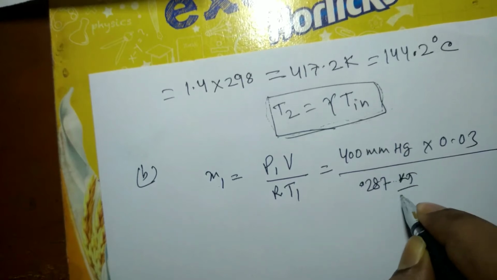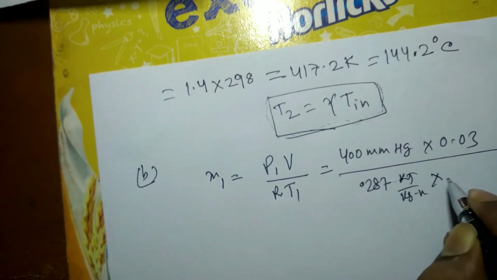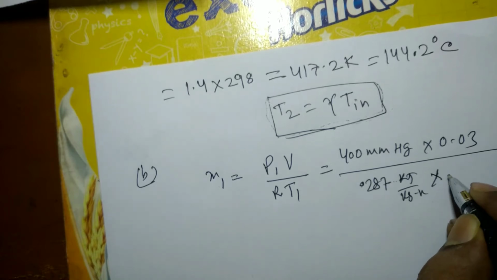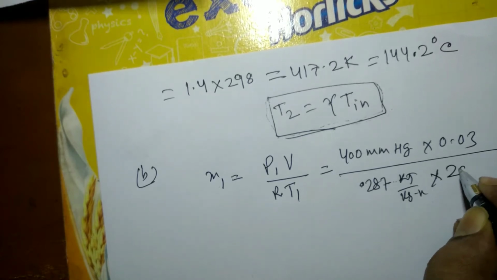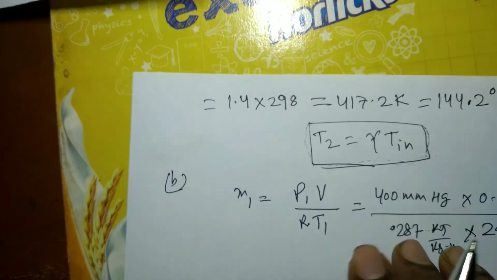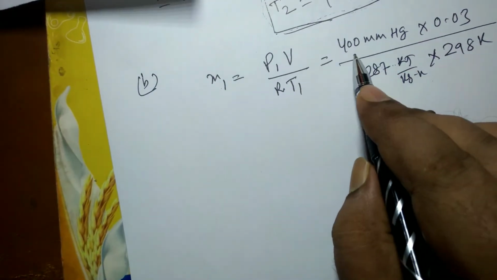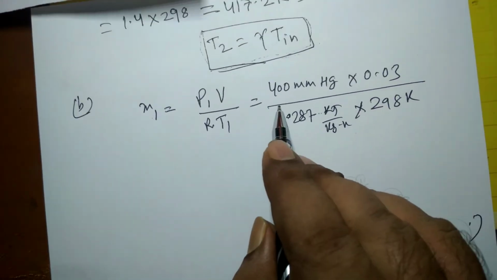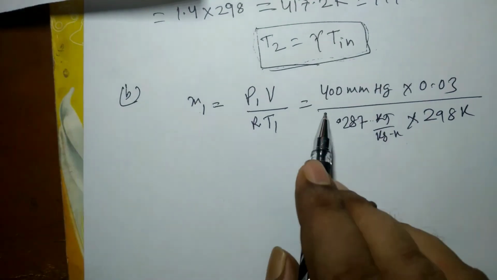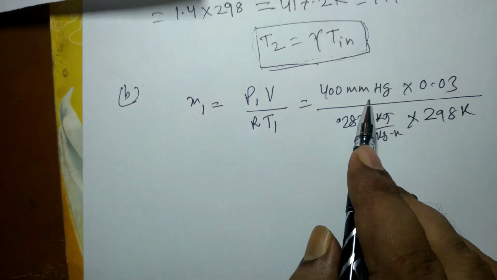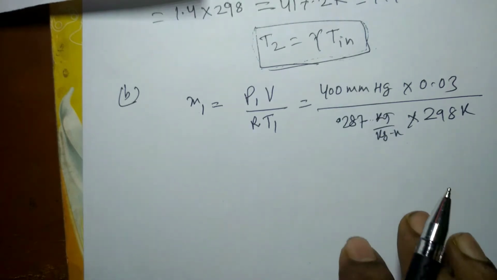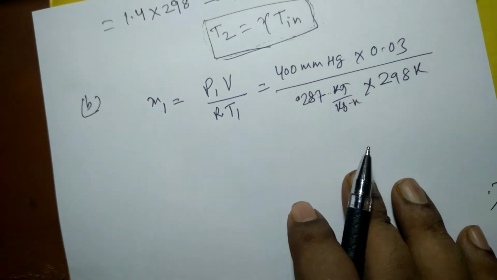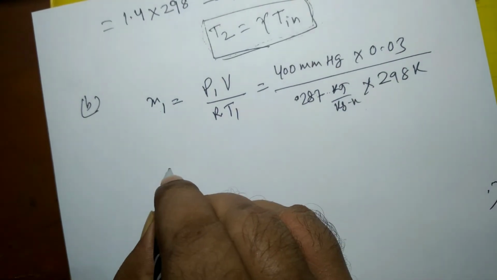T1 is given as 25 degrees Celsius, so we have to convert it: 273 plus 25 is 298 Kelvin. So the first objective is to convert this pressure from millimeter of mercury into kilopascal. So first we will convert the pressure.